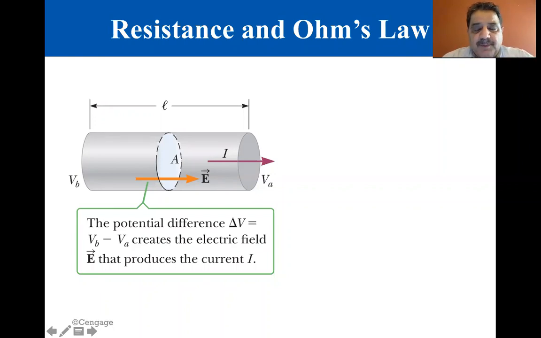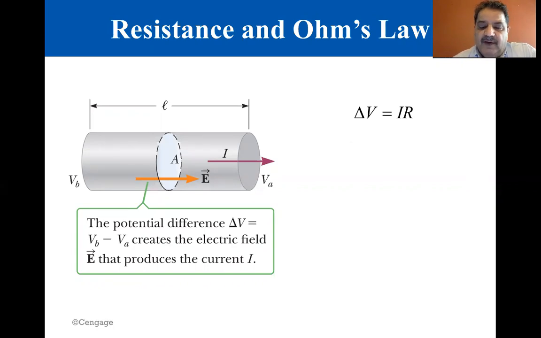When a voltage, that is a potential difference, delta V, is applied across the ends of a metallic conductor, the current in the conductor is found to be proportional to the applied voltage. If the proportionality holds, we can write this relationship. Delta V equals IR. Here, the proportionality constant R is called the resistance of the conductor.